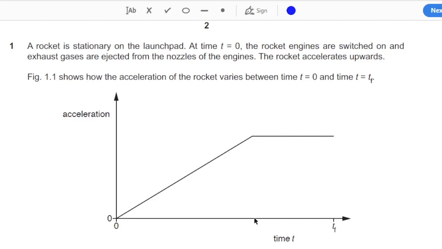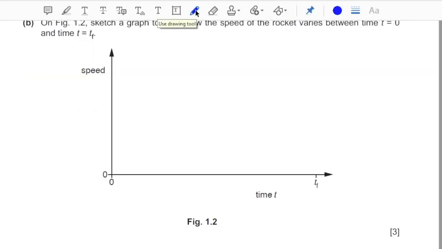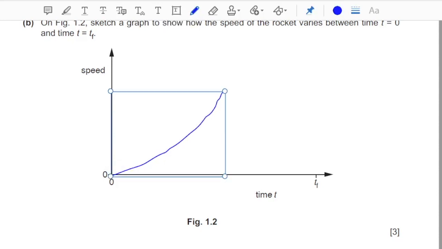At this second onwards, the acceleration is constant. So how do we represent this on the speed time graph? First of all, there's going to be an increasing gradient, and then after some time until time tf, it's going to be a straight positive gradient. Over here speed is increasing, over here the change in speed is constant.